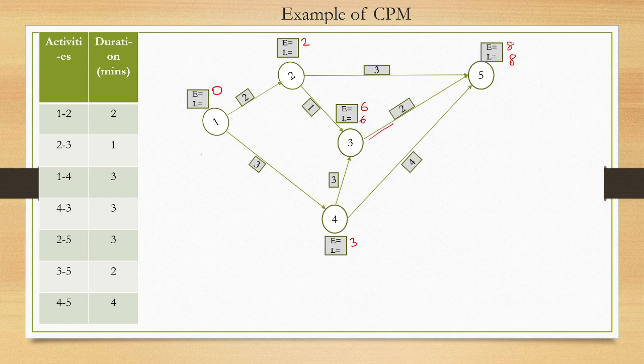So this is one critical activity because this activity does not have any spare time. 6 minus 3 is 3. 8 minus 4 is 4. And while filling this value of L, we need to select the minimum one. So 6 minus 3 is 3. So this is one more critical activity. Now 8 minus 3 is 5 and 6 minus 1 is 5. So directly we can write 5 here.